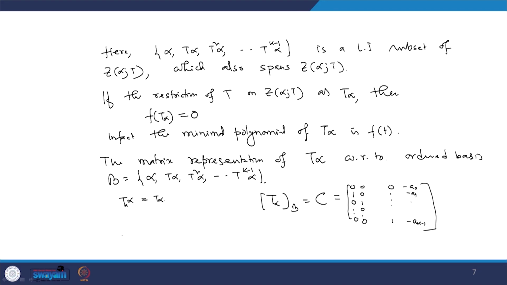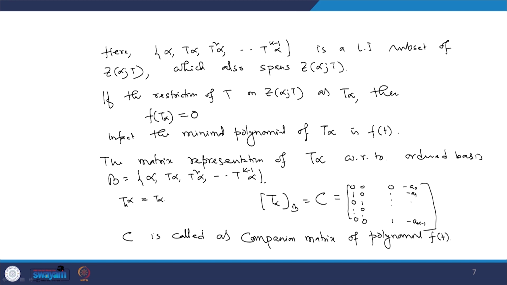Here C is called the companion matrix of the polynomial f t alpha.